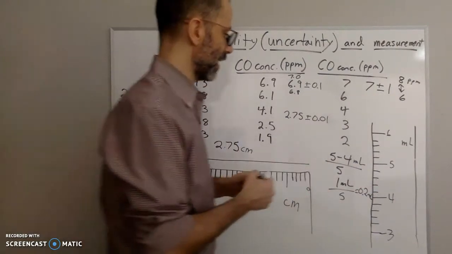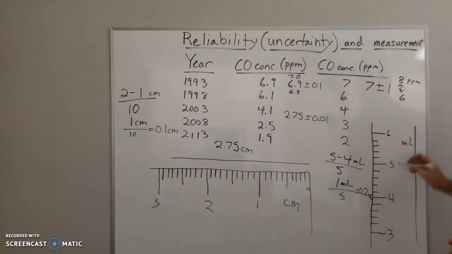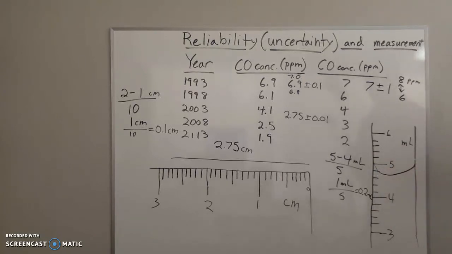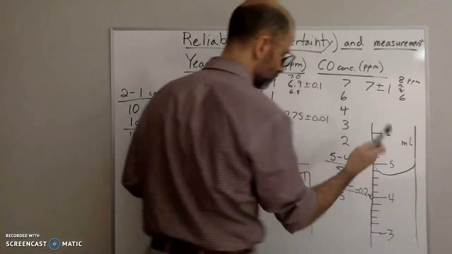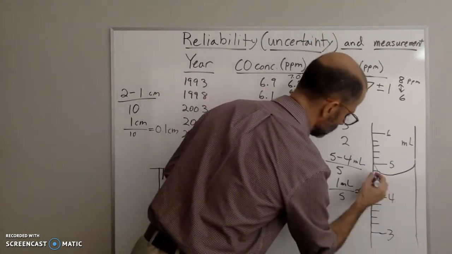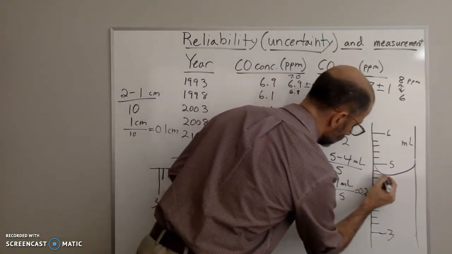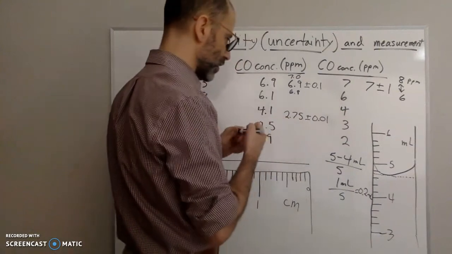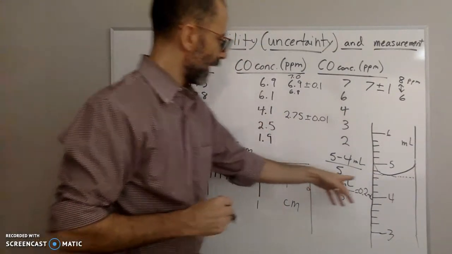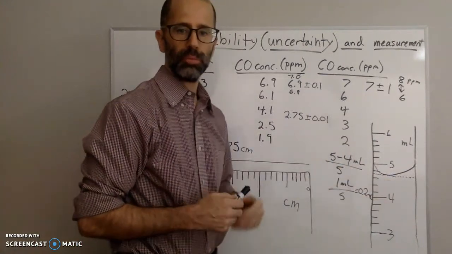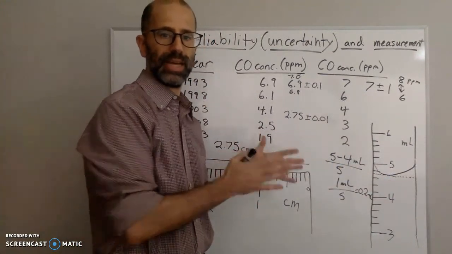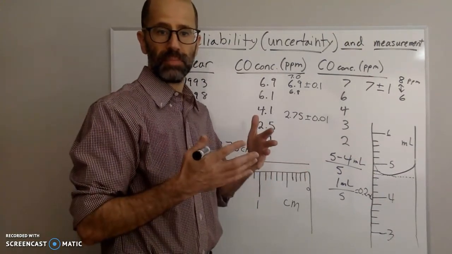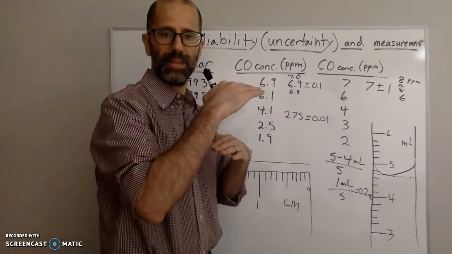So now let's say I have a meniscus, and the bottom of the meniscus is maybe here, not quite in the middle, maybe a little bit higher. How would I report this? Normally, we want to estimate to the next decimal place over by imagining that we're able to divide the increment by 10.